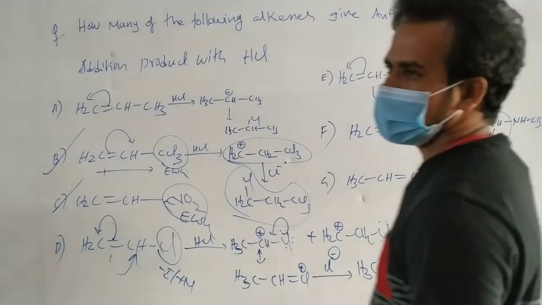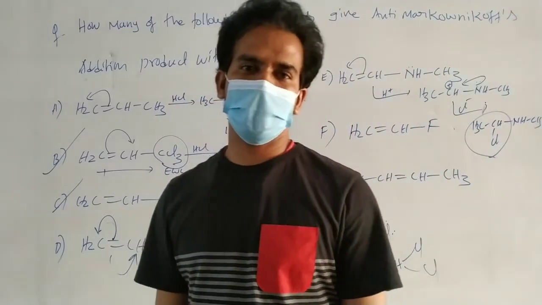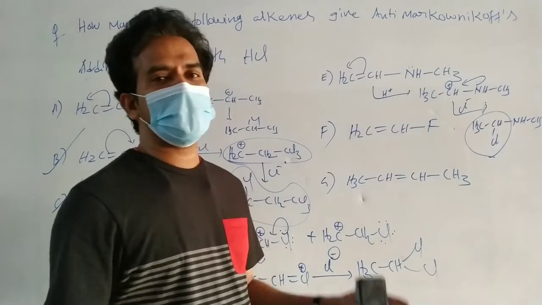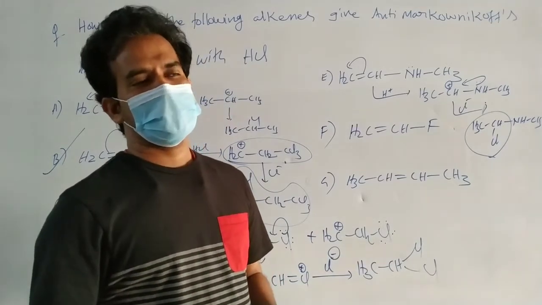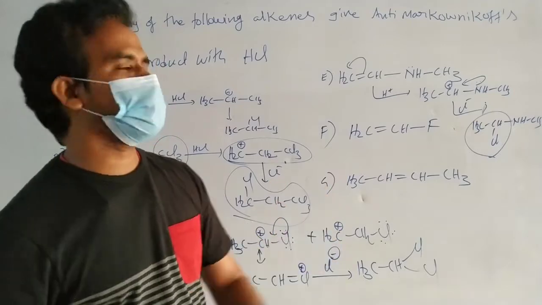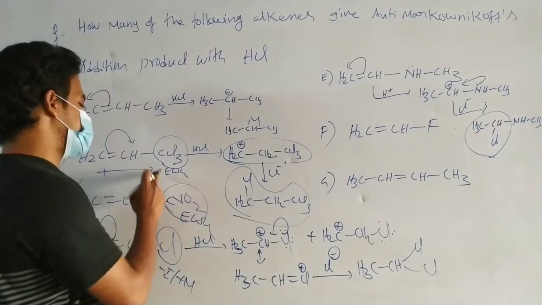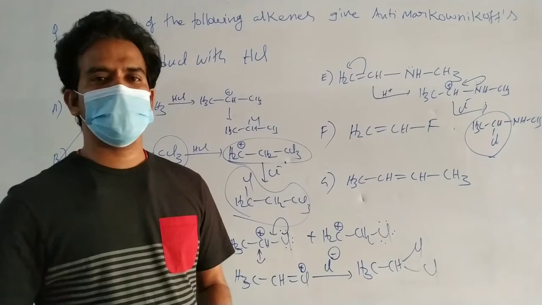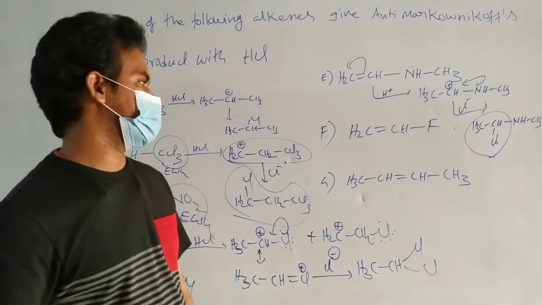That means it follows a Markovnikov addition. So finally we can say that when electron donating groups are present, the alkenes always follow Markovnikov addition. When electron withdrawing groups are present, like CCl3 and NO2, they follow anti-Markovnikov addition even with HCl.